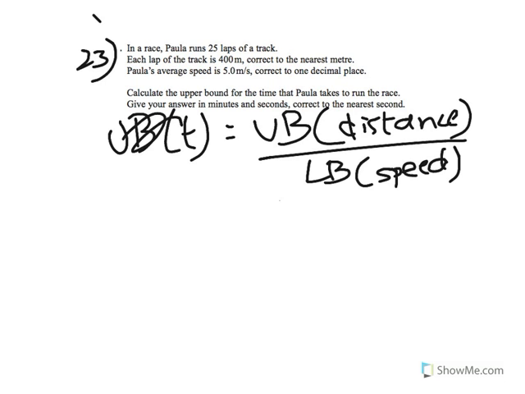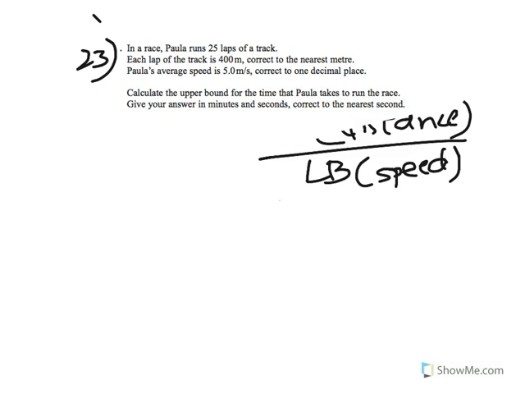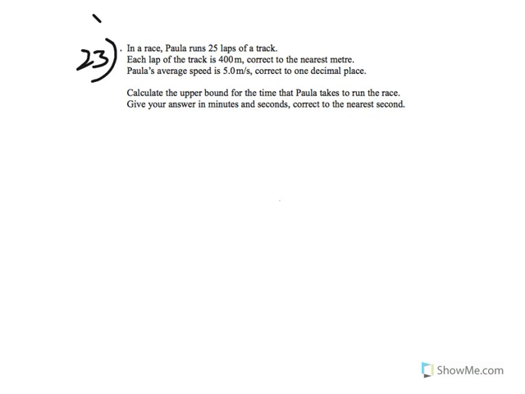Now, how do you find the upper bound and the lower bound? First, the upper bound for distance. 400 meters is the distance of each track, correct to the nearest meter, meaning correct to the nearest 1 meter.